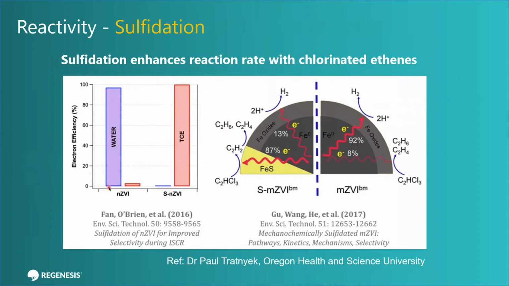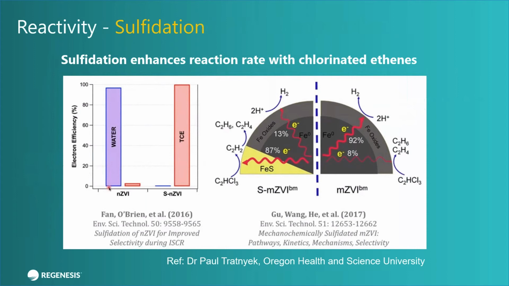On the right, you have non-sulfidated micron scale ZVI. What you can see there is 92% of those electrons go to react with water, with about 8% reacting with the chlorinated solvent. If you flip this, 87% of those electrons go to react with the chlorinated solvent, and only about 13% go to react with water. That 13% isn't necessarily wasted. That can be useful in rapidly acclimating an aquifer, for example.